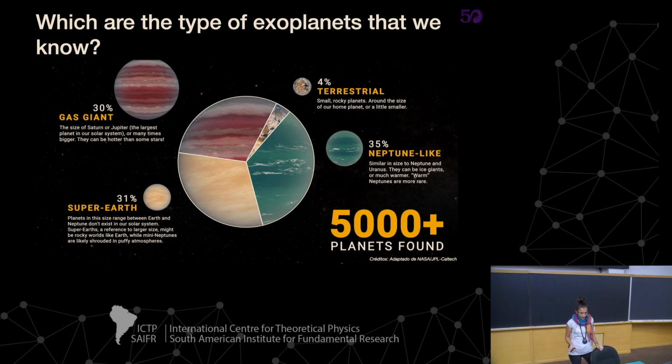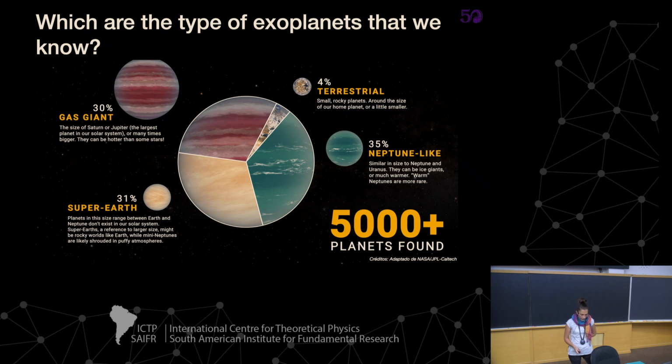Then 4% are terrestrial, small rocky planets similar to our Earth. Of course, it's very tricky to find terrestrial planets because they are teeny tiny, right? So in this slide, there is an observational bias, of course, because we are not able to find them. So that's the percentage that we have on the whole population, right?